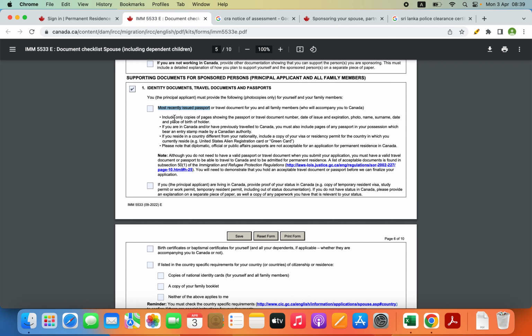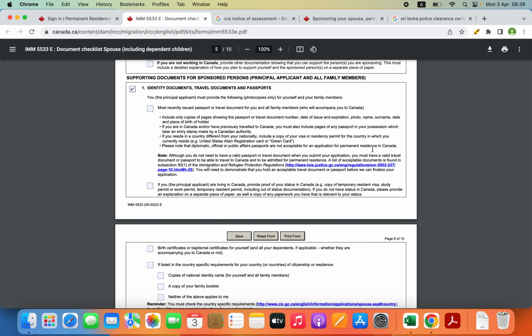Include only copies of the page showing the passport or travel document number, date issued, expiration, photo, name, surname, and date and place of birth of the holder. If you are in Canada and have previously traveled to Canada, you must include pages of any passport in your possession which bear the entry stamps made by the Canadian authorities.